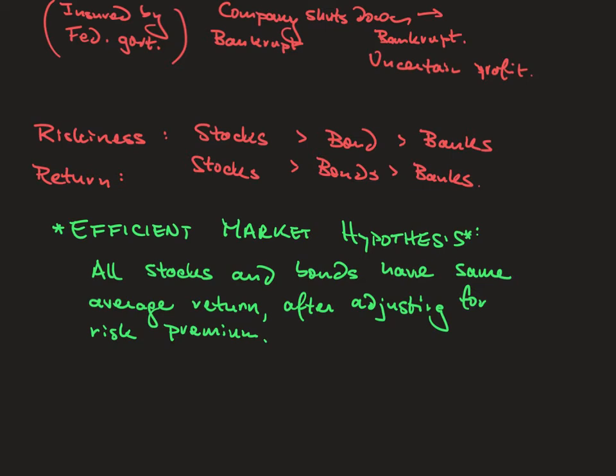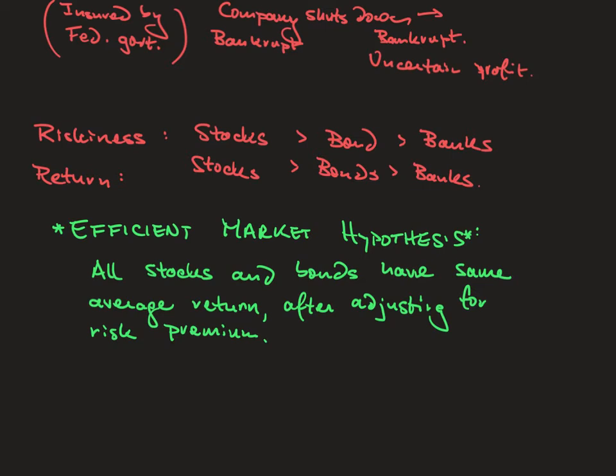In other words, if you are a private person and you're trying to decide whether you should purchase stock in Apple Computer or Amazon or some other company, there is no company that offers you a better return than any other. They all offer the same expected return, like average return, aside from any risk premium.